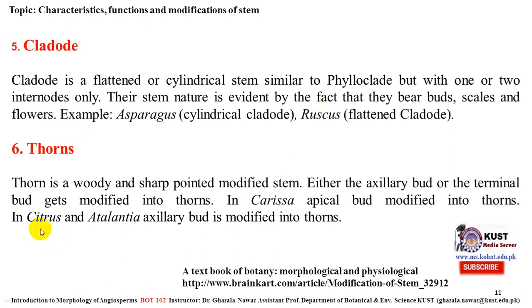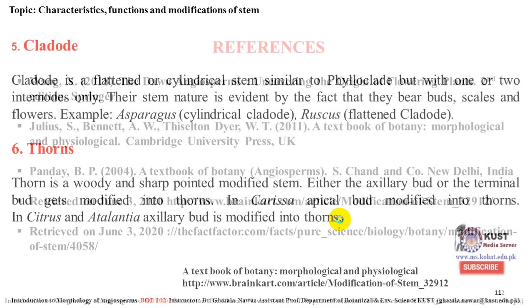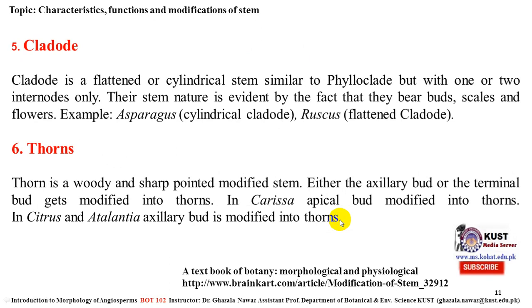The next example is Citrus and Atalantia, where the axillary bud is modified into thorns. So depending upon the plant, there may be terminal thorns or axillary thorns, and the basic function is to protect the plant from different environmental conditions. So these were the different types of aerial modification.